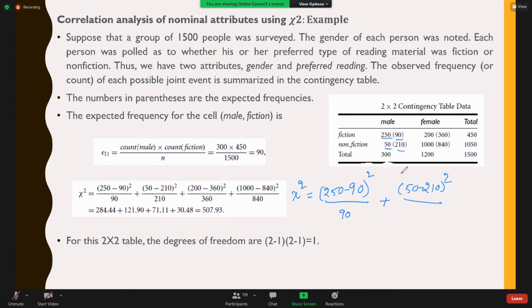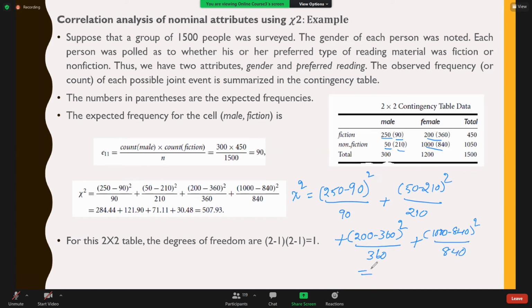The value in the bracket is the expected frequency. Plus this one, 200 minus 360 squared, divided by the expected frequency. Similarly, this one, 1000 minus 840 whole square divided by 840.